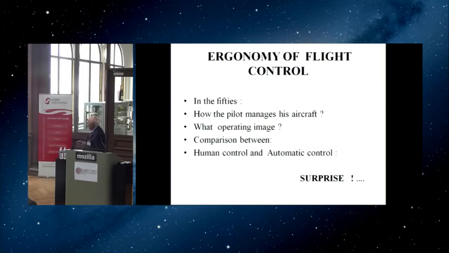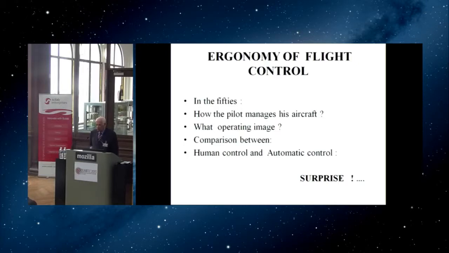Now, in the same environment, with a human pilot, it is absolutely completely different. You have a moment where it is flat, then it goes down, a little bump, flat. So the human way of controlling the system is completely different from, let's say, a mathematical model. Human control, automatic control, completely different.